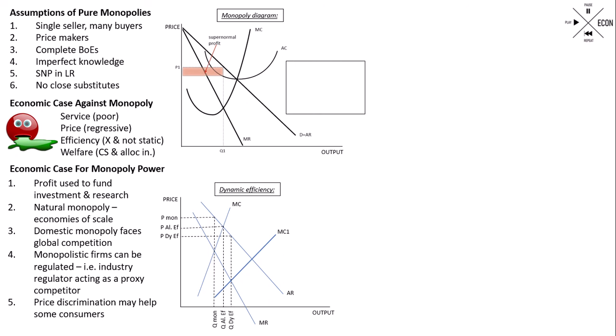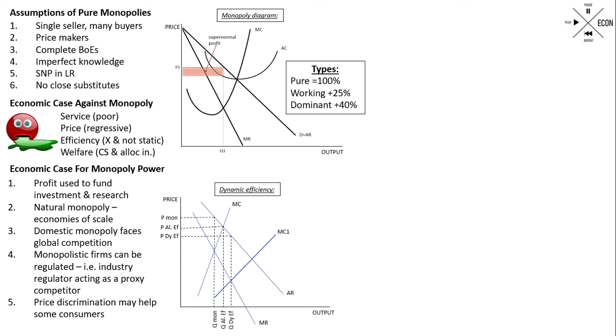Obviously the economic case for monopoly depends upon the types. So when you're evaluating monopolies, you could obviously put in, as I mentioned, contestability, which would imply that there's different types of monopolies. So see if you can remember the 3 types of monopolies.